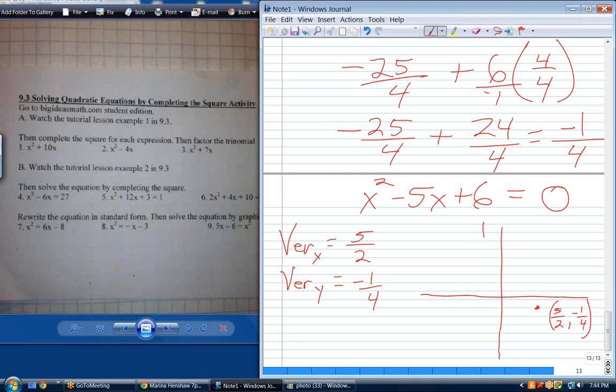We know that the parabola goes up, and our solutions are these 2 points right there. But in order to find out what those 2 points are, we have to factor this. So let's factor it. This one factors nicely. By nicely, I mean it produces whole numbers.